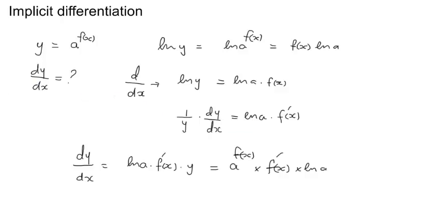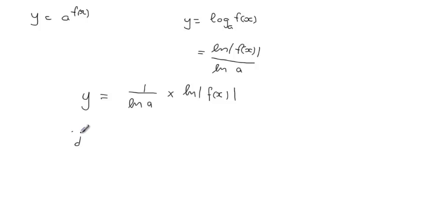So then, to differentiate this, we can now say dy dx equals, this is a constant, this is the function we're differentiating. We'll say now 1 over the argument multiplied by the derivative of the argument multiplied by this number, 1 over ln of the base of the function given there.